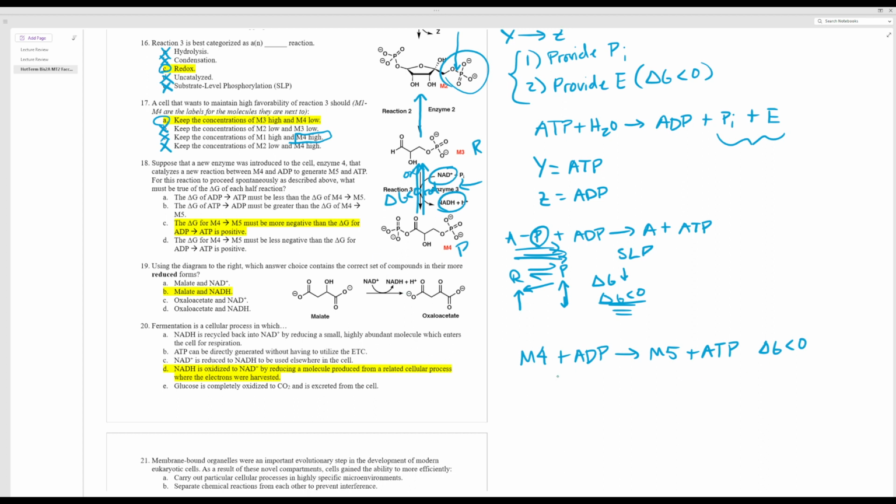I need the delta G's of this when we add together. So M4 to M5 with delta G1 and ADP to ATP, delta G2, I need the sum of this, so delta G1 plus delta G2, to be less than 0.